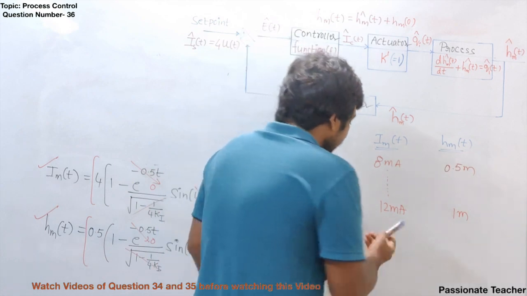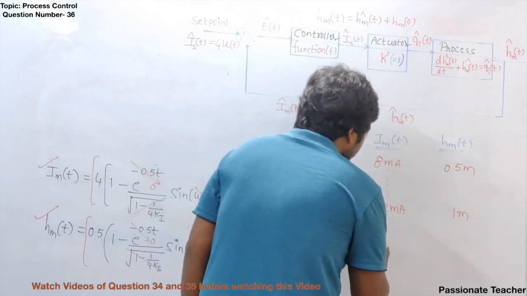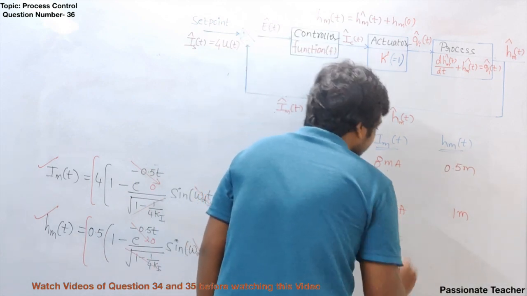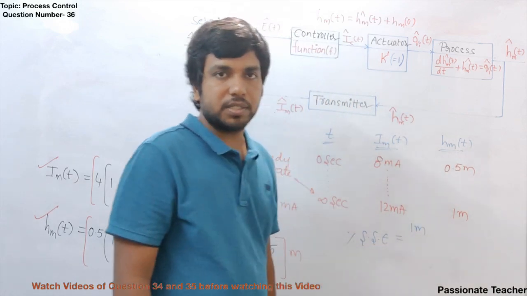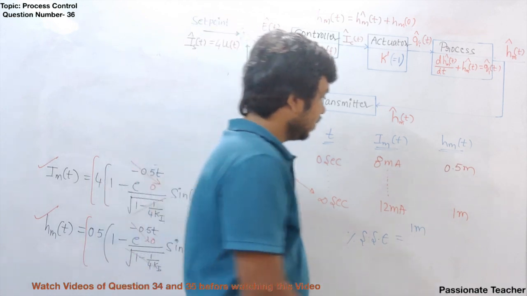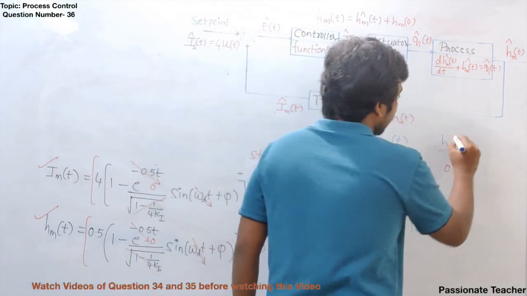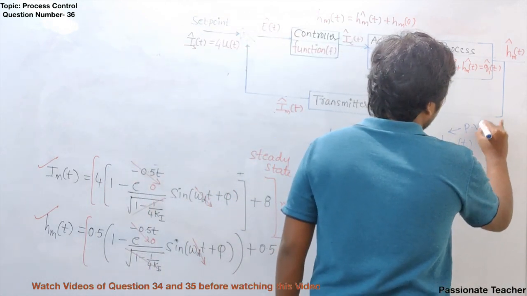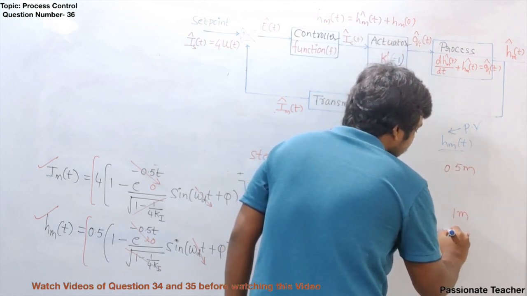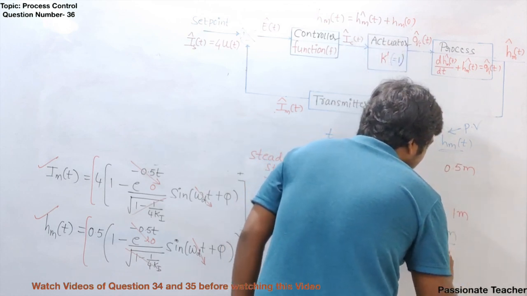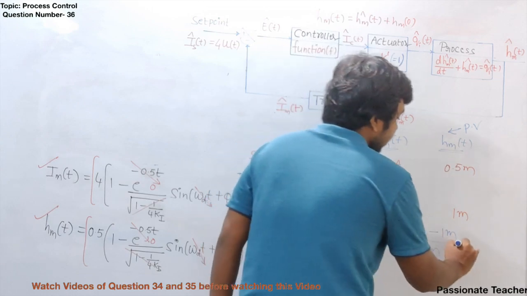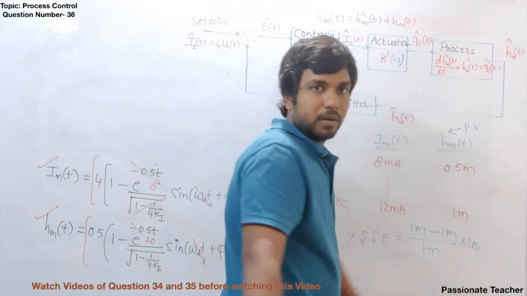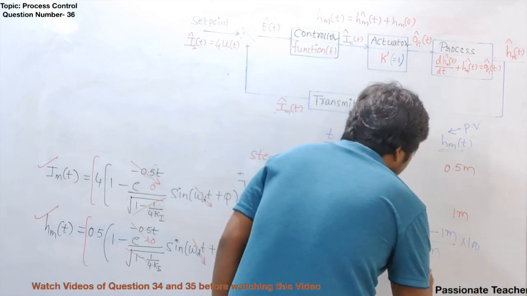So now the percentage of steady state error can be given as: the required value of the water level is 1 meter at steady state, that means at infinite seconds, minus process variable. The process variable is also equal to 1 meter. Set point minus process variable by set point into 100 will come down to 0%.